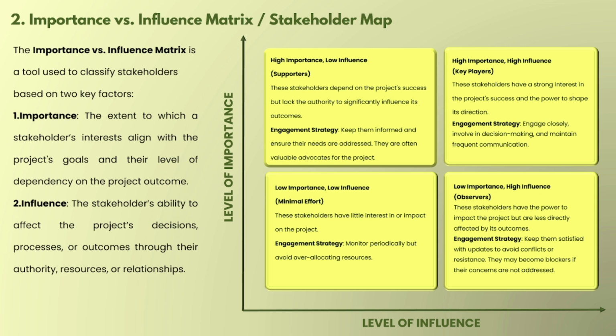These are the key players. In this way we can categorize into four groups: low importance and low influence, low importance and high influence, high importance and low influence, and finally key players, high importance and high influence.